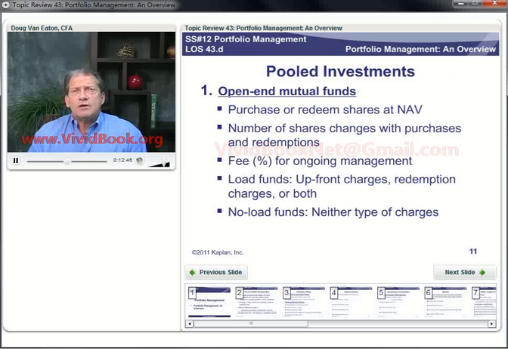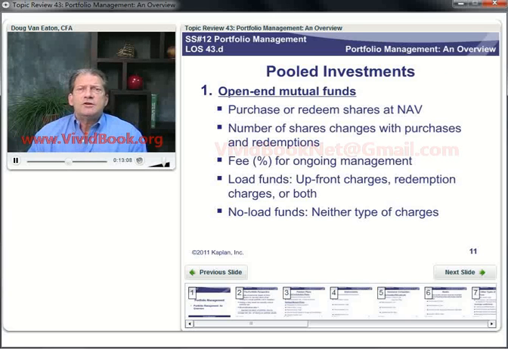Finally, we need to look at various types of pooled investments, pools of investor money. And the first one we're going to look at here is open-end mutual funds. Now, open-end mutual funds, you purchase or redeem the shares at net asset value directly with the fund. You send in money, they issue new shares representing shares in or slices of the fund.